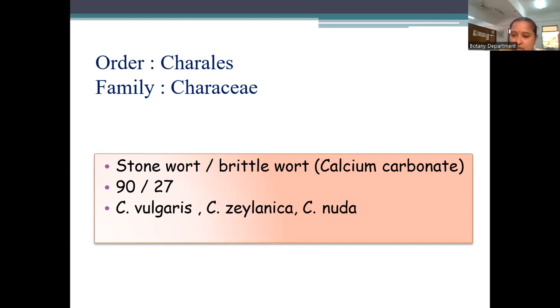How does it attach? Here, branched rhizoids are present at the bottom of Chara, and with these rhizoids it attaches to the substratum. Next, why is the name called stonewort or brittlewort? Here, the plant is impregnated with calcium carbonate, and due to this impregnation, the plants are very rough and brittle to touch.